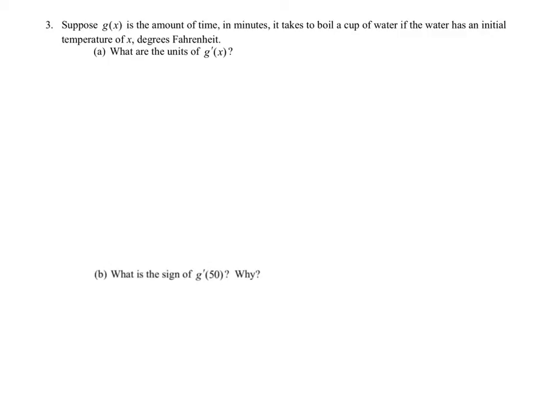Okay, here's a wild one that's worded kind of funny. They define g of x as the amount of time in minutes that it takes to boil a cup of water, assuming it has an initial temperature of x degrees Fahrenheit.